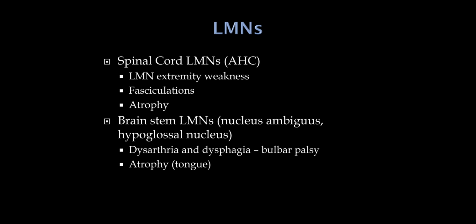Now, if the degeneration starts in the nucleus ambiguus and hypoglossal, then we call the dysarthria and dysphagia a bulbar palsy because the problem is in the bulb. One difference between bulbar palsy and pseudobulbar palsy is that in bulbar palsy we don't have the emotional incontinence. Also in bulbar palsy, the patient is usually going to have tongue atrophy from degeneration of the hypoglossal nucleus.